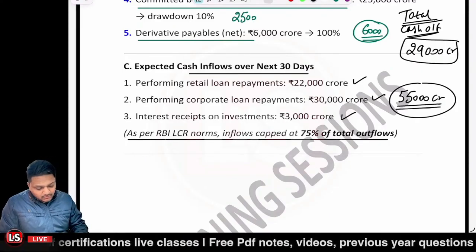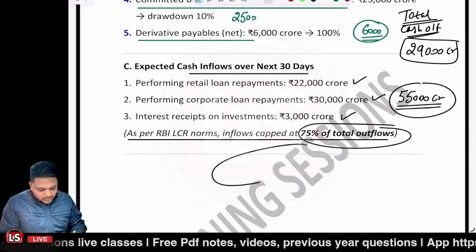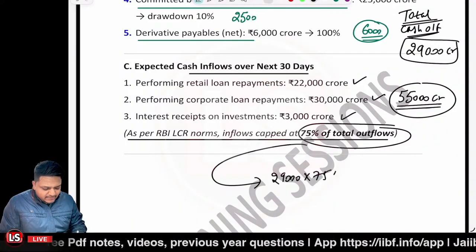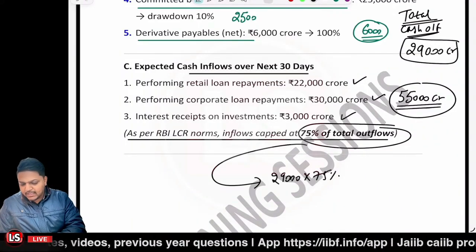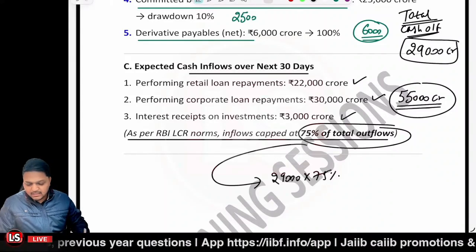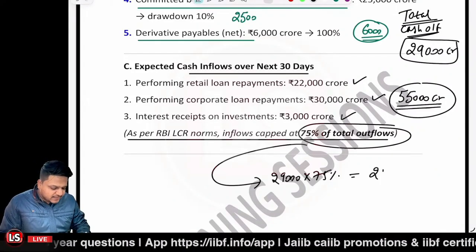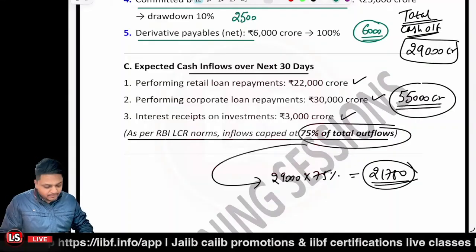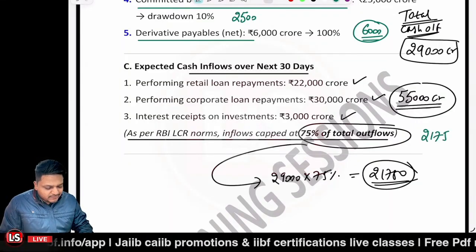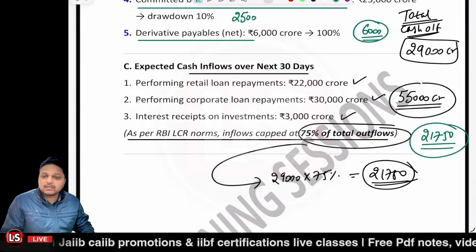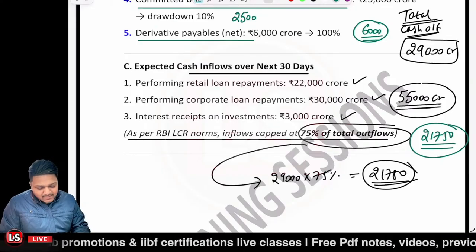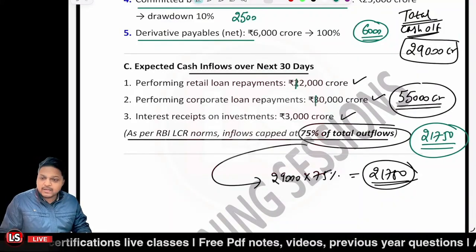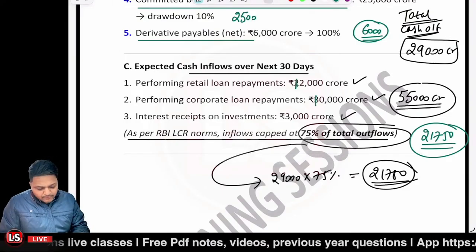But capping is to be done, capping to the 75% of the total cash outflows. So 29,000 crores multiplied by 75%, and that is 21,750, right? So the maximum inflow that can be taken over here is 21,750. Let's say if it was 12,000 or 10,000, why do these particular figures matter?